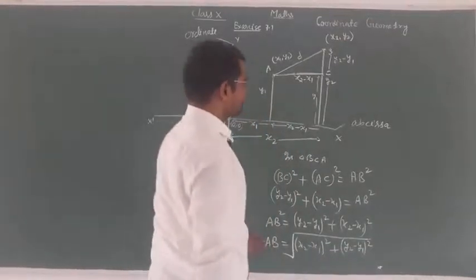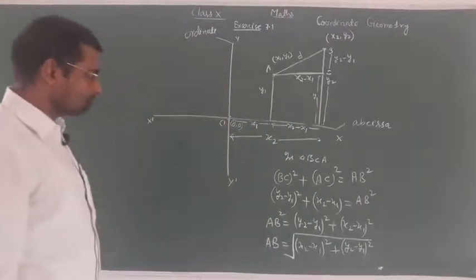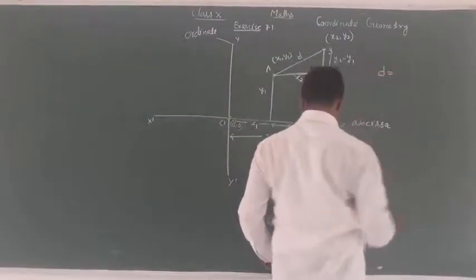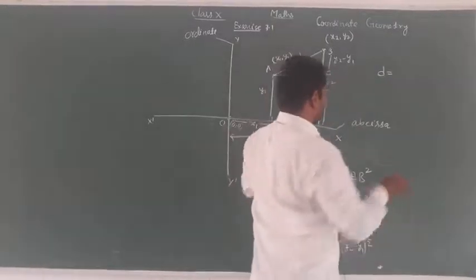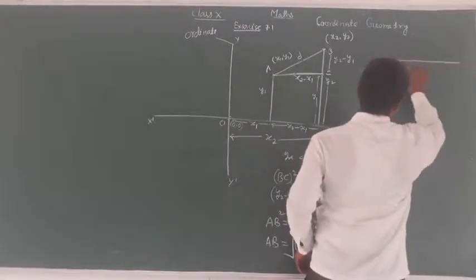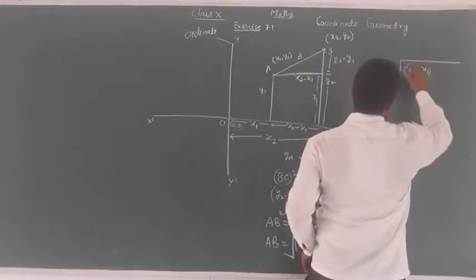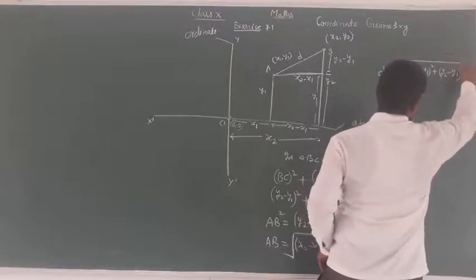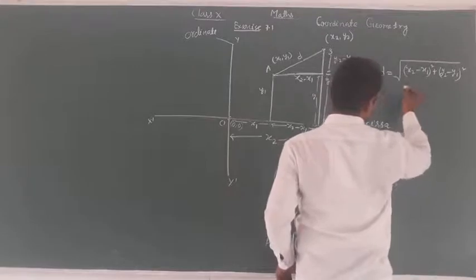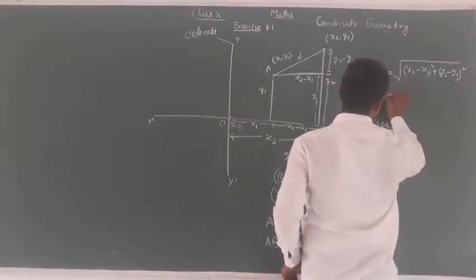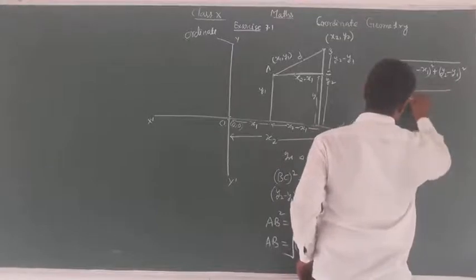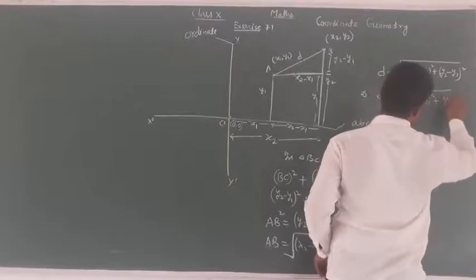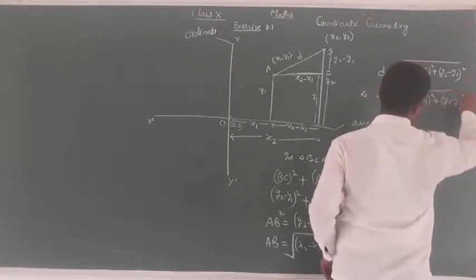Now this is the distance formula of coordinate geometry. The distance D is equal to the square root of x2 minus x1 square plus y2 minus y1 square. Also D is equal to the square root of x1 minus x2 square plus y1 minus y2 square.